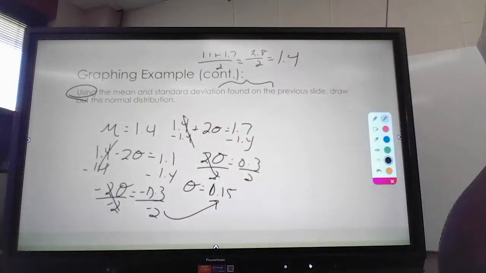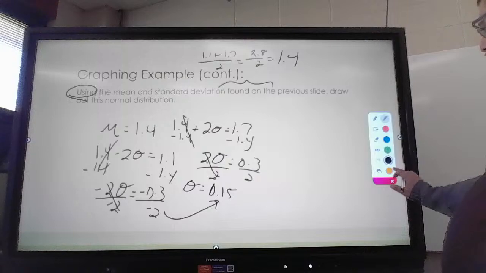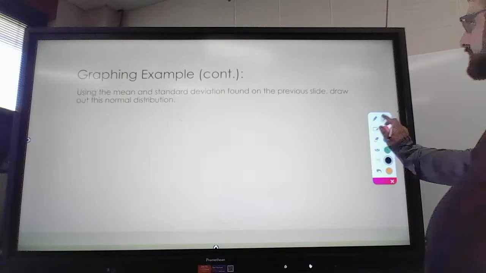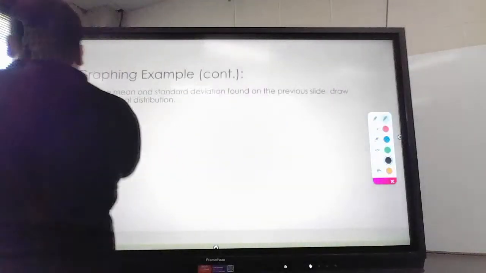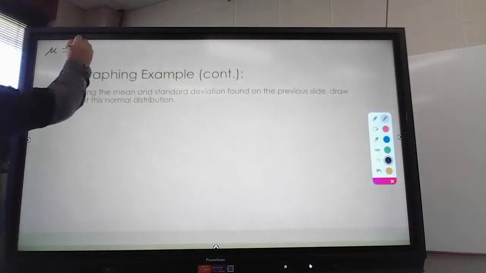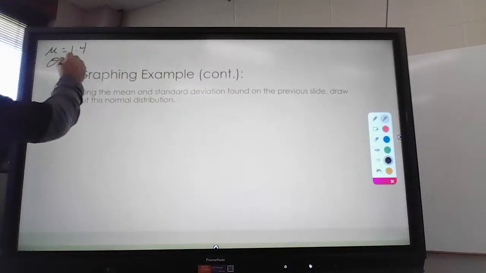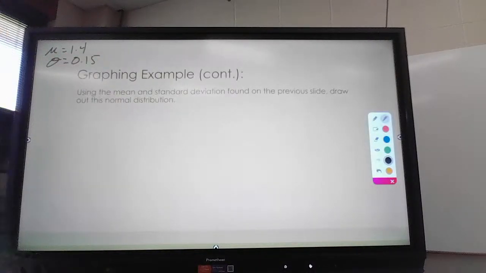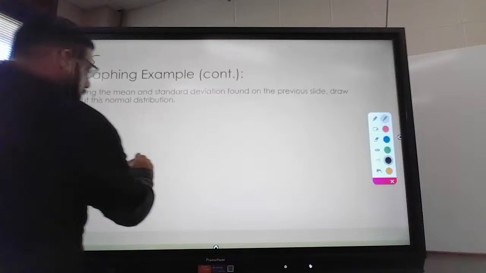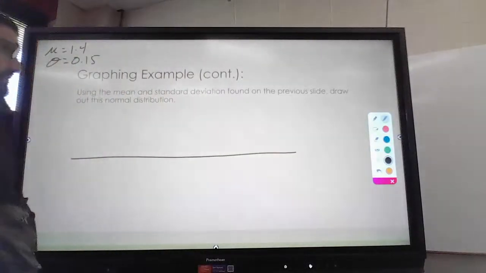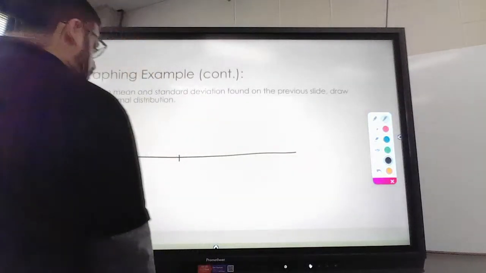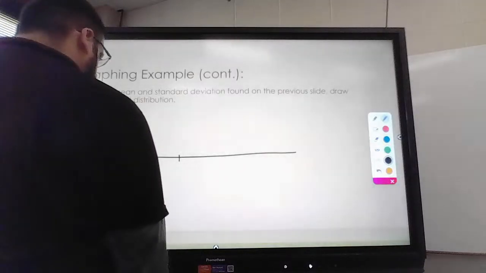Using the mean and standard deviation, draw out this normal distribution. Again, my mean is 1.4. Standard deviation is 0.15. So I'm going to go ahead and draw out my horizontal axis. I'm going to put the mean right square in the middle.